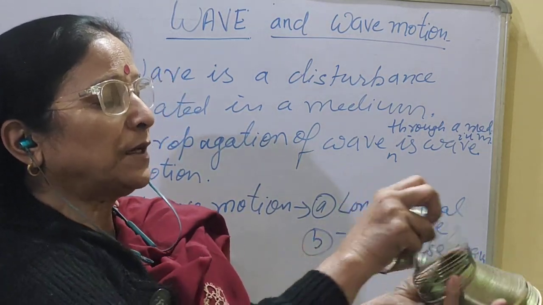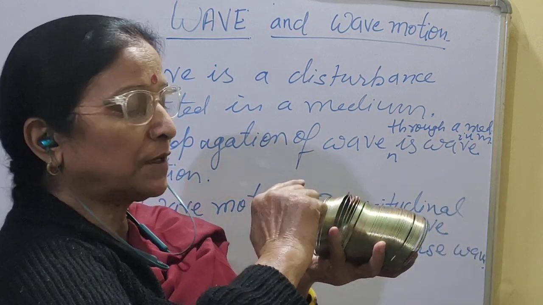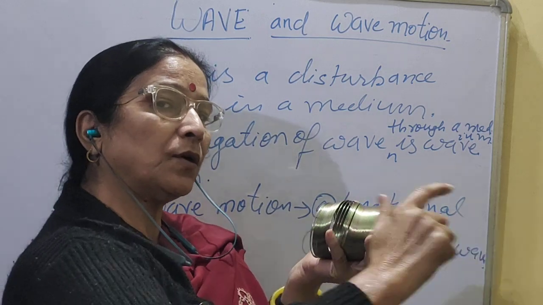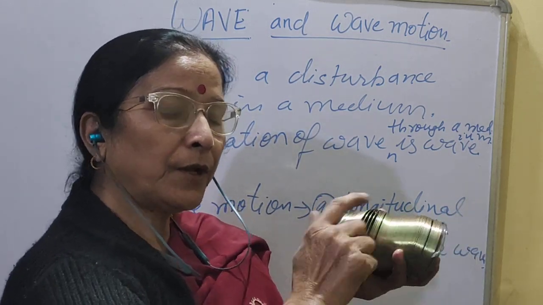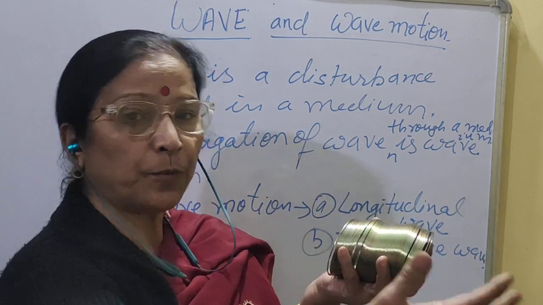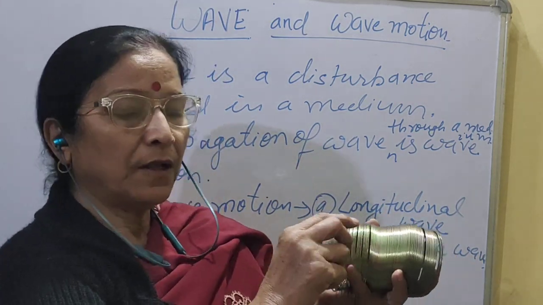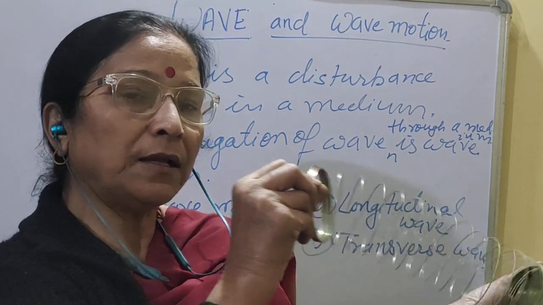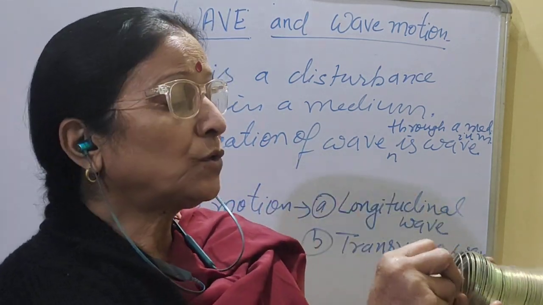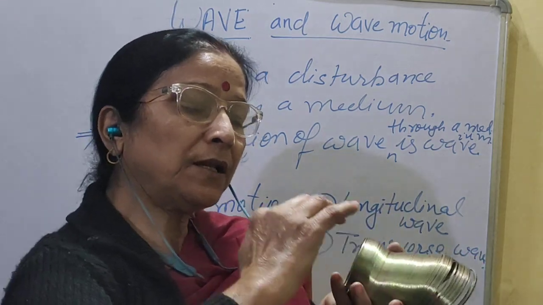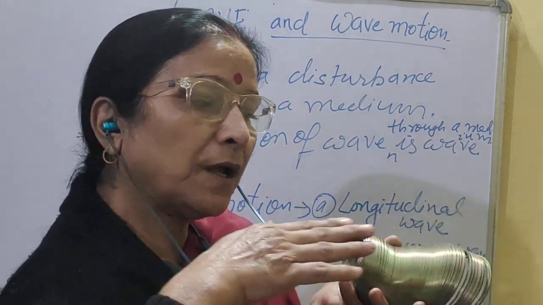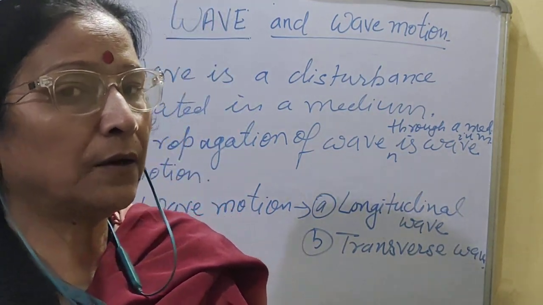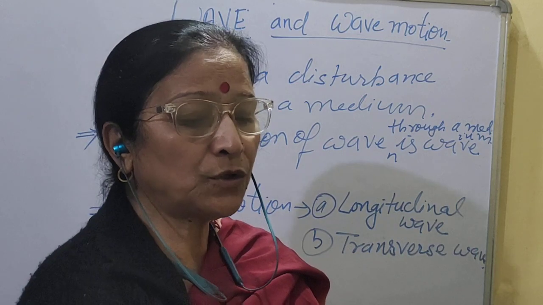The disturbance is created here, but it travels along the length of the slinky. The direction of propagation of the disturbance and the vibration of the turnings of the slinky are in the same direction. So this kind of wave is known as a longitudinal wave.